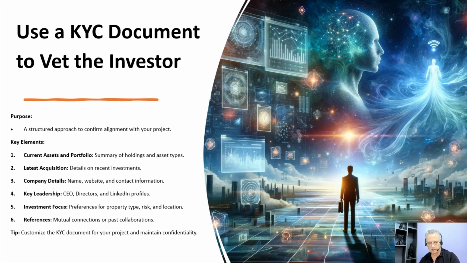Investment focus: I want to know their preferences for property type, risk, and location. And references, mutual connections, or past collaborations. It doesn't necessarily need to be part of that first touch, but sometimes it's good to know who they've collaborated with. Maybe that's a better way to structure that.